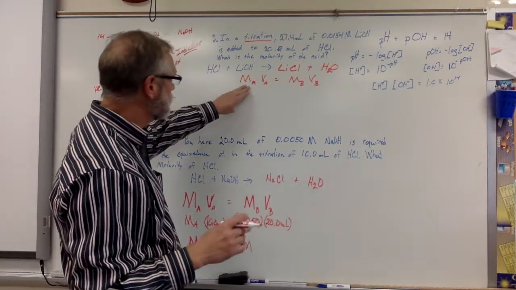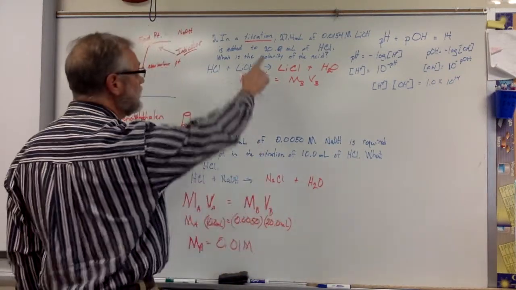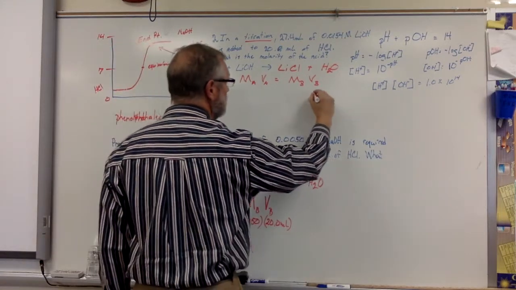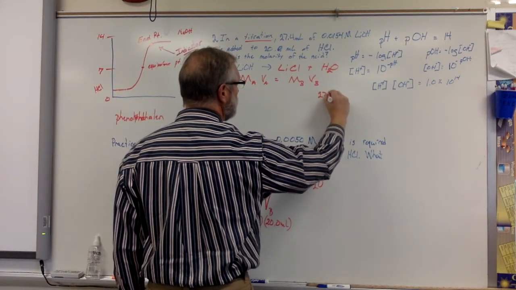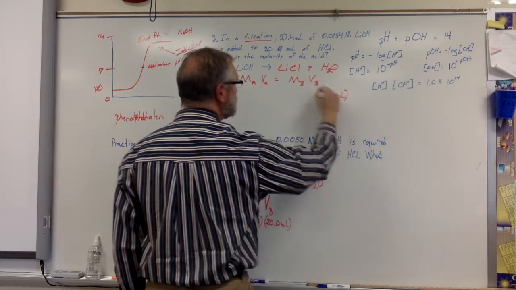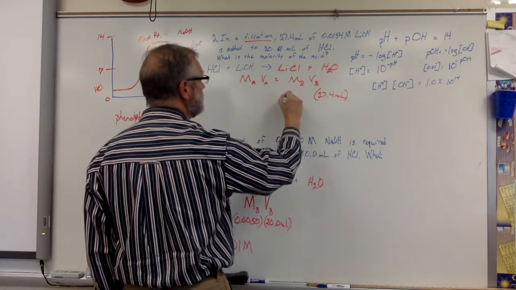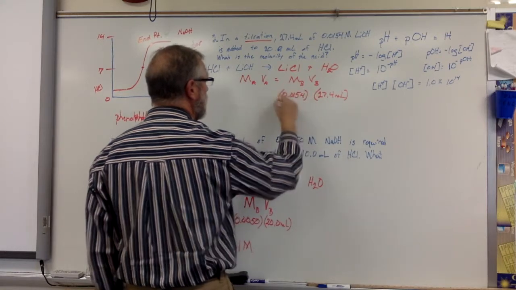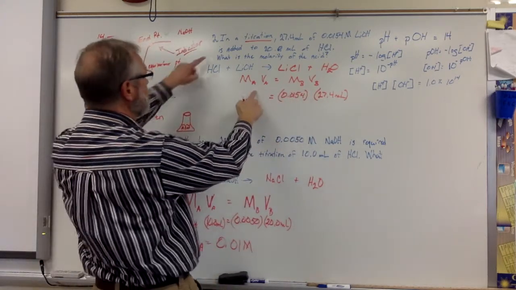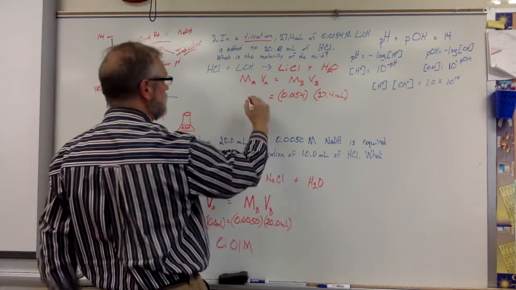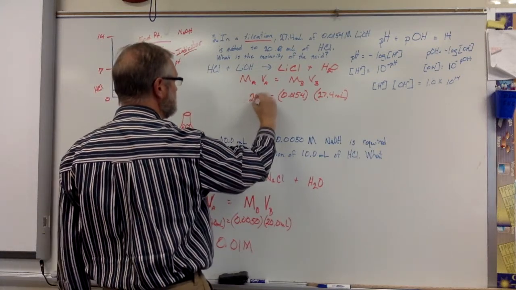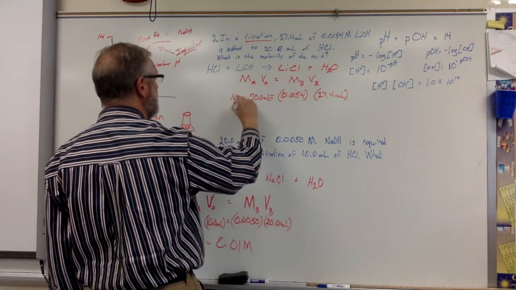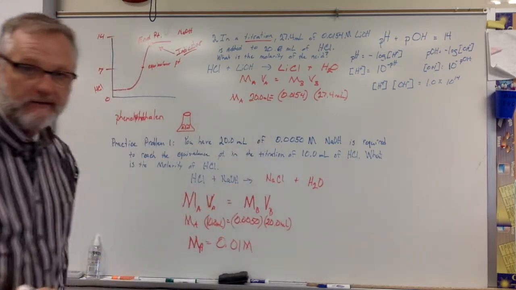So I'm just going to go through and see what we have here. It says I have 27.4 milliliters. So that's going to be over here, 27.4 milliliters of my base, and it's going to be at 0.0154. I'm going to set that equal to, is added to 20 milliliters of my acid, and I'm looking for my molarity of the acid.